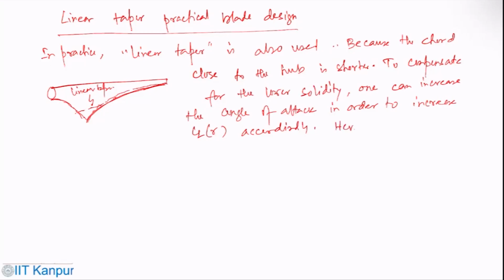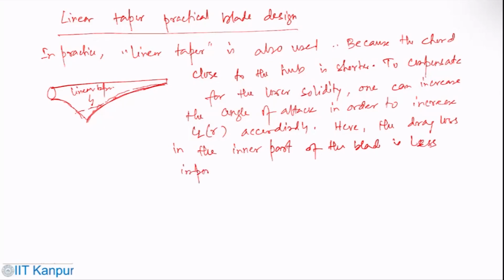Here, the drag loss in the inner part of the blade is less important to us. Now, we have already looked at the flow angle and all these things.